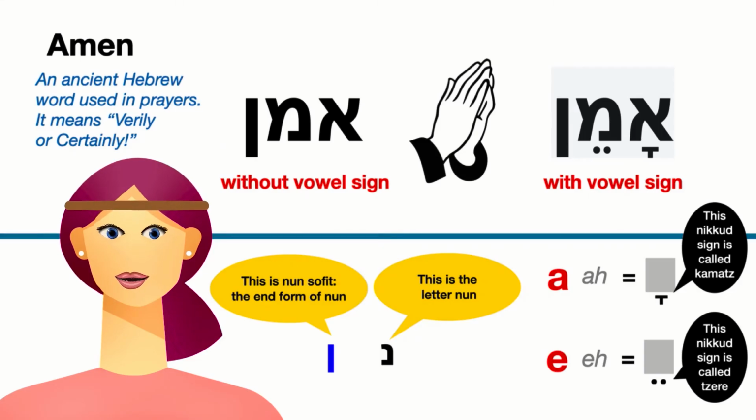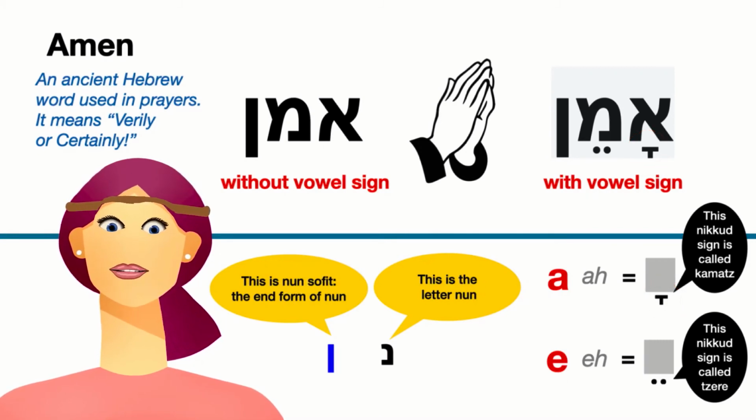In the word amen, we have two nikud signs. Under the aleph is kamats, which tells us to pronounce the vowel a, and under the letter mem is the nikud sign that tells us to pronounce an e sound. Remember, nikud signs for pronouncing e as in egg have a minimum of 2 horizontal dots under a letter. The sign with 2 horizontal dots is called tsere.